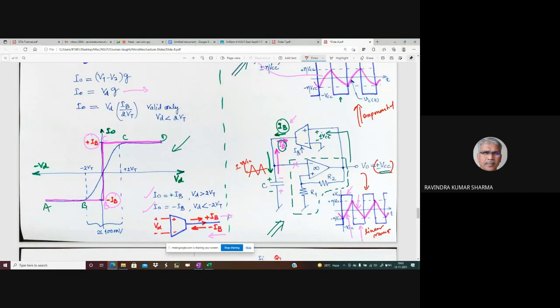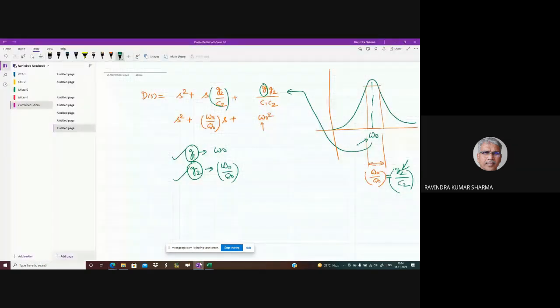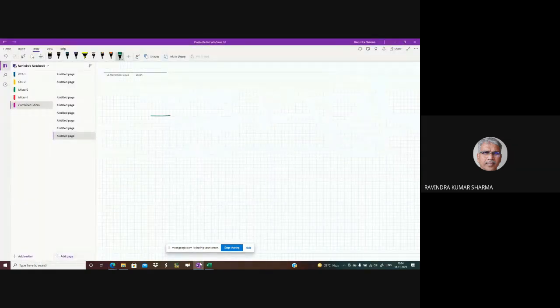Now it is very easy to find out what will be T1 and what will be T2. Correct? How to find out T1 and T2? There is this capacitor. Capacitor is charging with IB current.